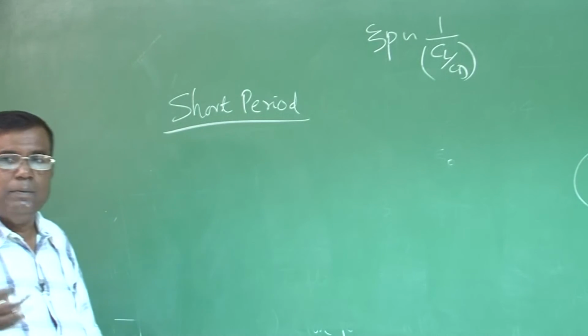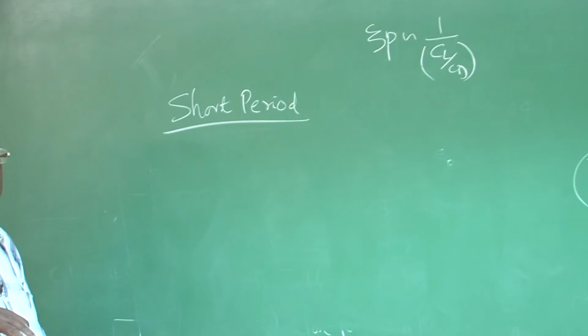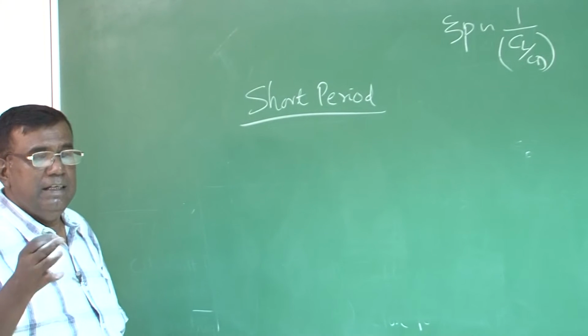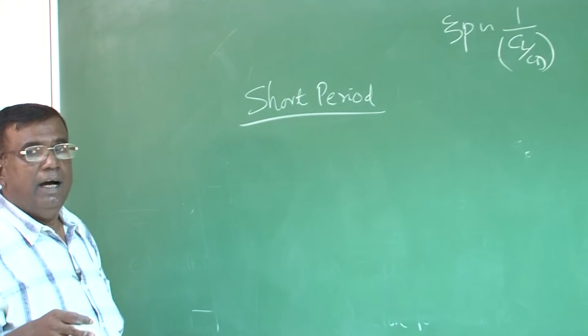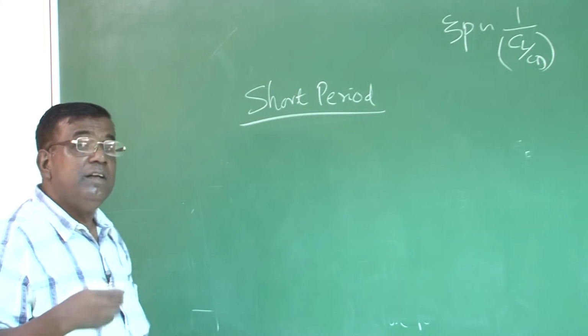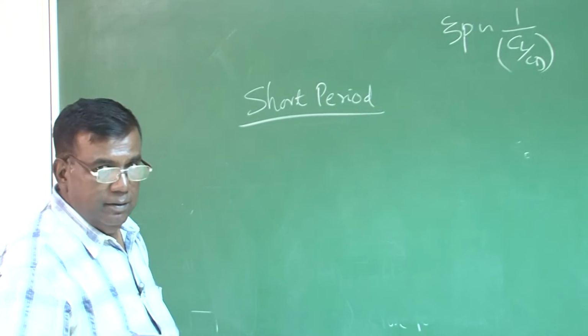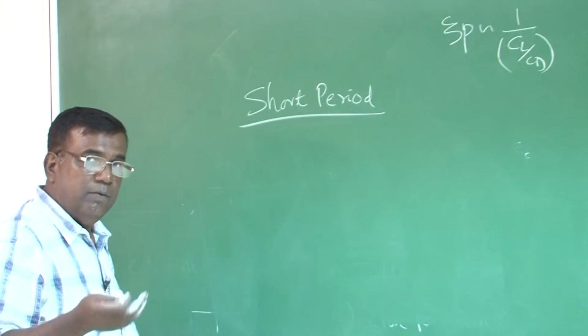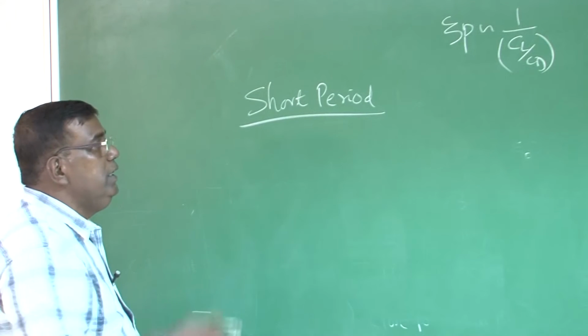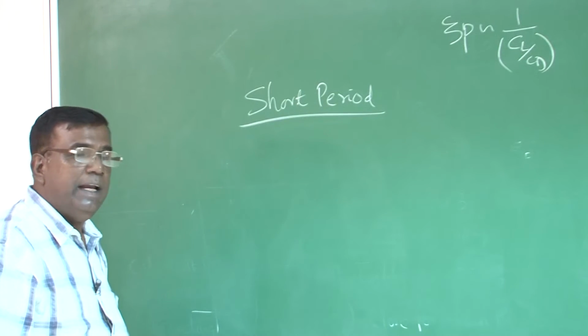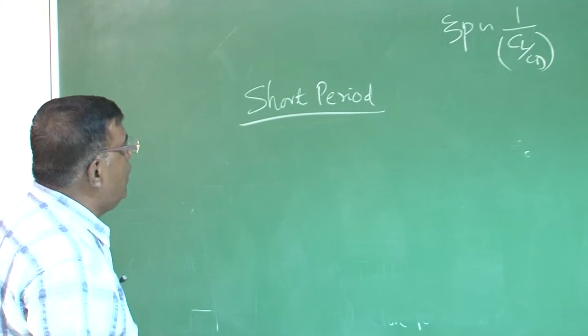So that concept should come from there. You have to fly in such a way, at such an angle, that CL by CD is not that high, or you increase the drag by putting some surface at that time. So with that concept, you can increase the phugoid damping for a gliding phase. Now let us come to the short period.